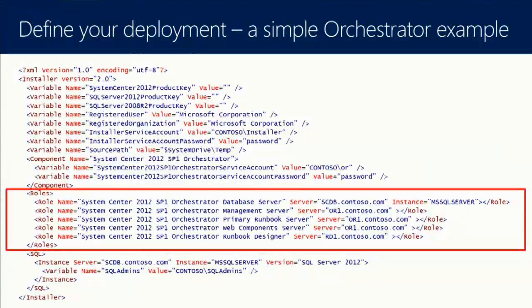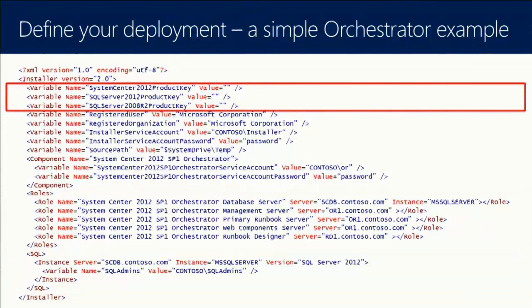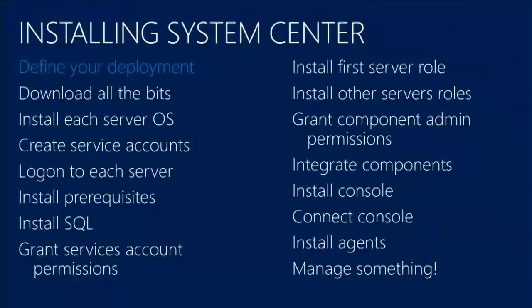This has a separate database server, a separate server for Orchestrator, and then a separate server that I'm going to install my console on. I've also specified which version and admin group to use for SQL. And in this case, I've got no product keys, so this is going to do an eval installation. Okay. That's it. That's really all you have to do to define your deployment.